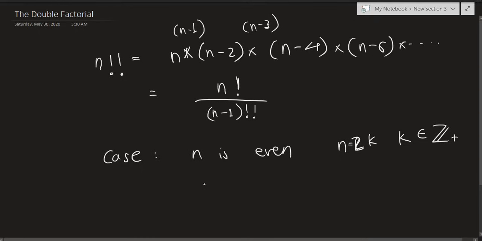So n double factorial is just going to be the product of even terms, right? So it's going to be 2 times 4 times 6 times 8 times 10 times, and say that goes on till n was 2k. So this goes on till 2k, because n is 2k.